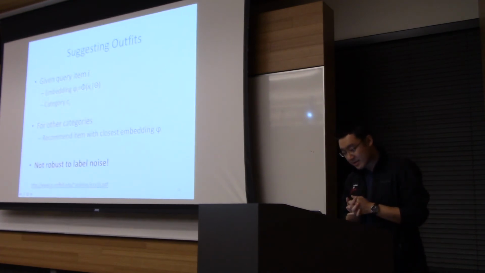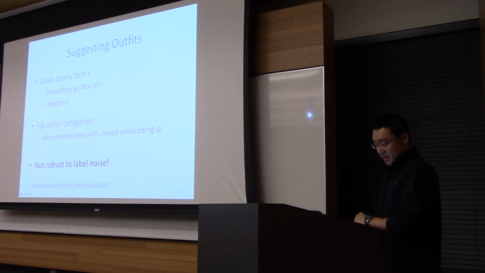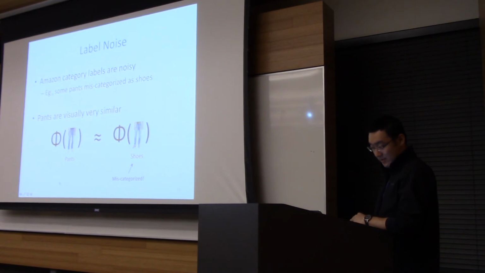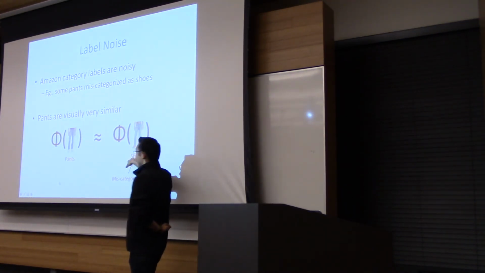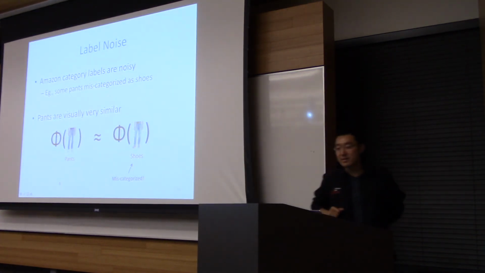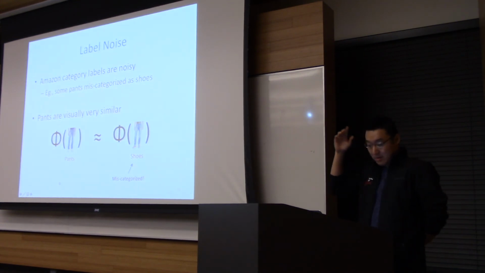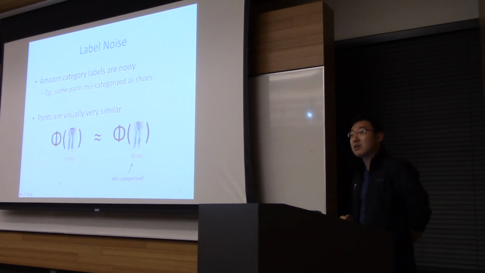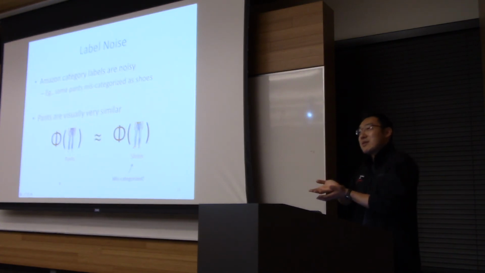One of the challenges is that this approach is not robust to label noise, right? For example, if this pair of pants is miscategorized as shoes, which does happen in the Amazon data set, well, that's actually going to be the closest embedding point, because the neural net will project two pairs of jeans to very similar locations in the embedding space.